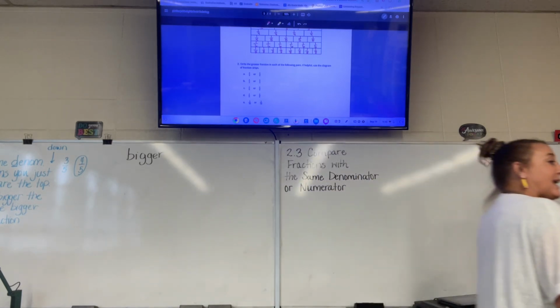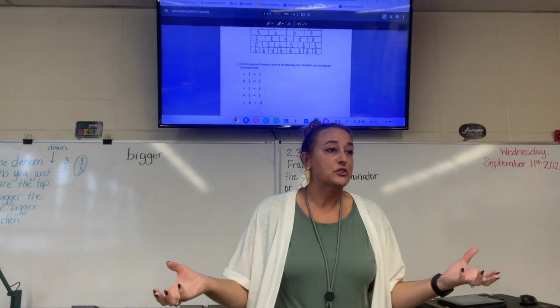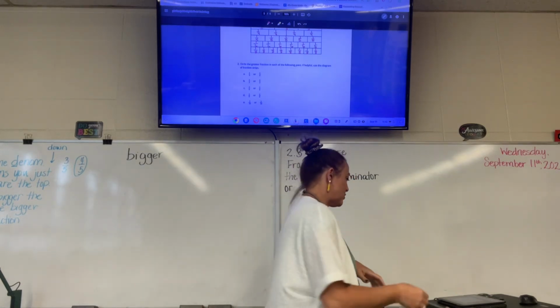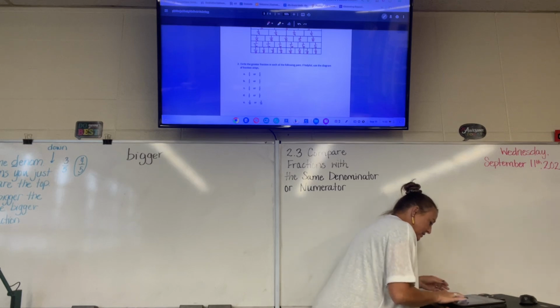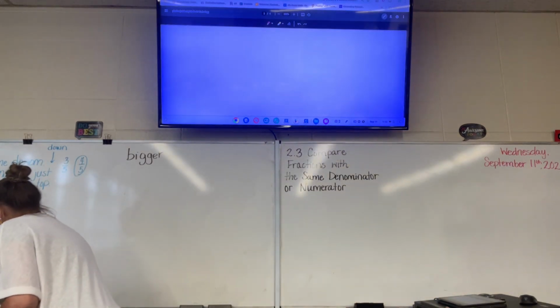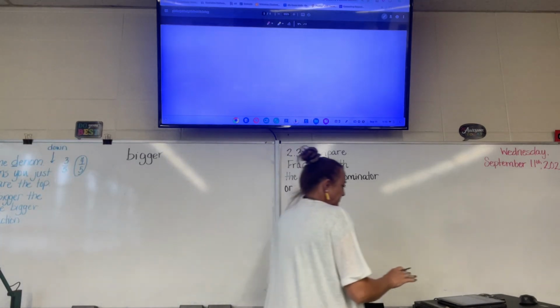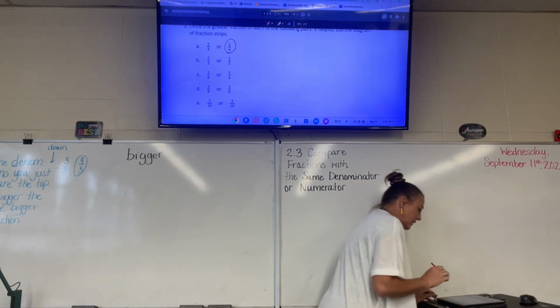And so when they have the same number on the bottom, all you have to do is look at the top number and decide which top number is bigger, and that's the bigger fraction. So in this case, the bigger fraction is going to be 5/4. So we're going to circle it.